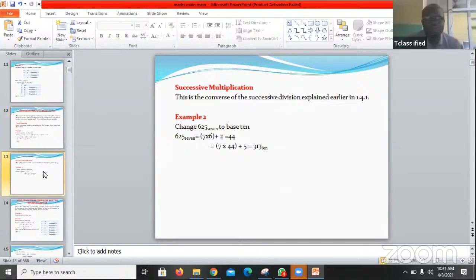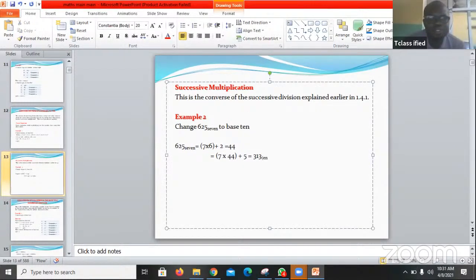So that is also what was done here. It is base 7, the same thing. If you are changing this, the first number is 6 and the base is 7. So we're going to have 6 times 7, all to the power of, how many numbers are in front of the 6? 2.